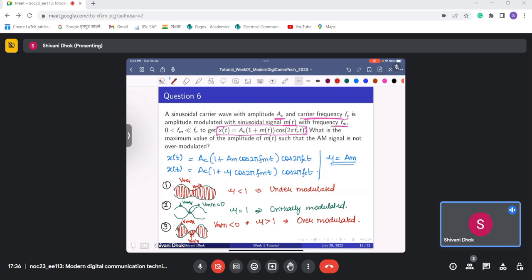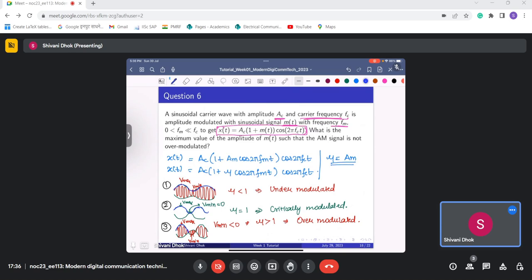What happens when it is overmodulated is this: an amplitude modulated signal is detected by doing envelope detection. If I have this signal here, I'll detect this envelope, and this will be my message signal. Similarly here, I'll detect this envelope and I'll get my signal.